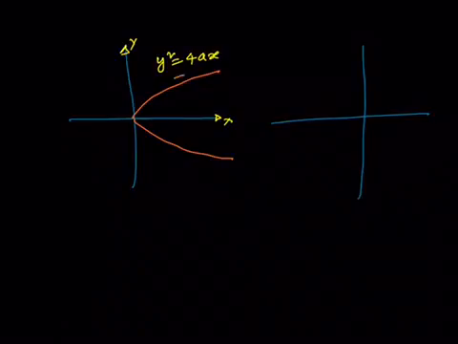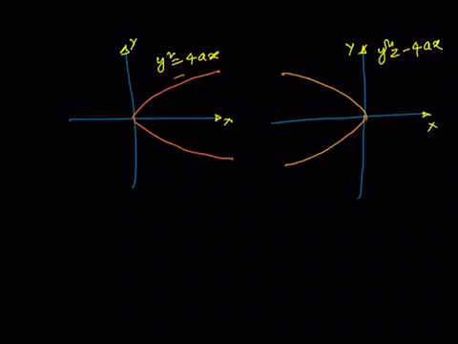If it is 4ax, it will be opening to the right. If it is minus 4ax, it will be opening to the left, like this. This equation is y square equal to minus 4ax. Again, this is the x-axis and this is the y-axis.